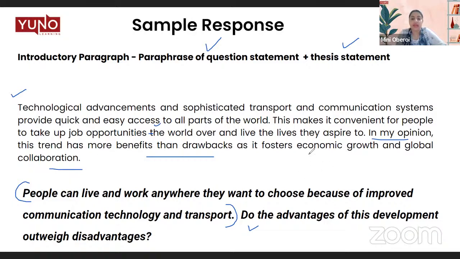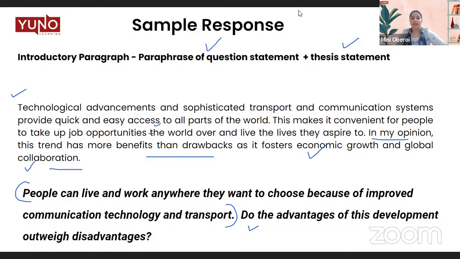What are the benefits? It fosters economic growth, one benefit, and global collaboration. I'm going to elaborate these 2 points in my body paragraph. But I also have to give 1 paragraph on disadvantage, because without that, I am not doing justice.